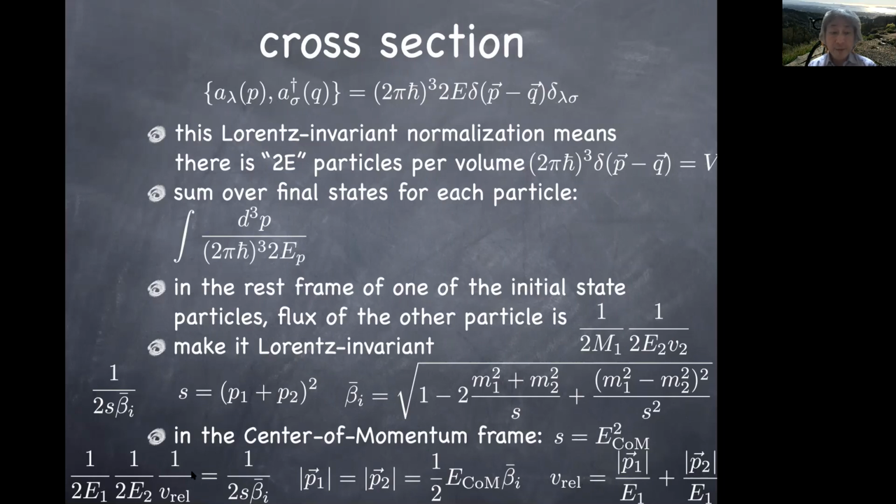And if you put that into this expression, you can see that E1 and E2 combine with E1, E2 here and disappear. And then p is rewritten in terms of beta bar, and that's how you can see this expression coming out.